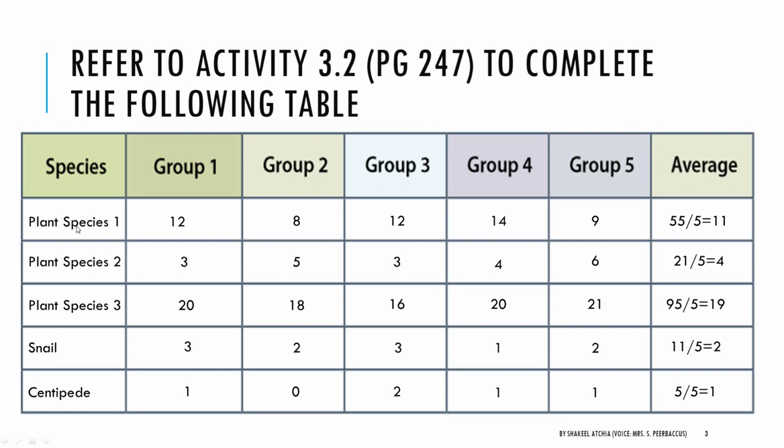For example, for plant species 1, a total has to be firstly done, that is 12 plus 8 plus 12 plus 14 plus 9 is equal to 55, which is then divided by the 5 different groups. And the result is 11. So 11 is the average number of plant species 1 found in that specific area. So the same thing applies for all the other species.